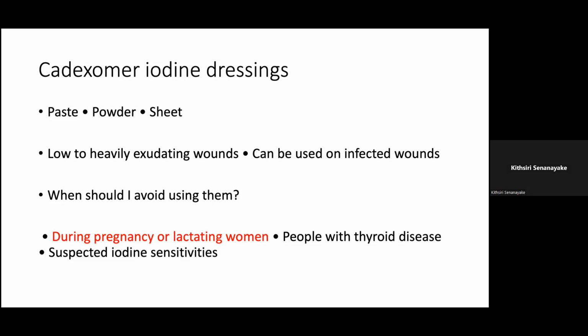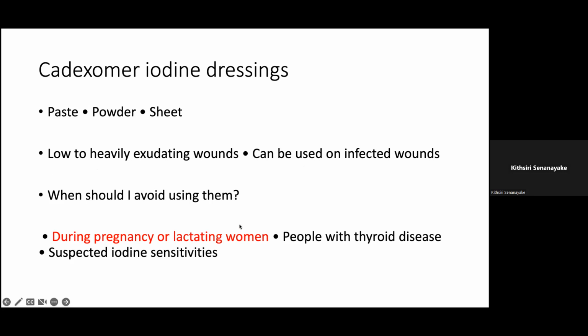Cadexomer iodine is an ionized form, and it has an exudate absorption property and also a de-sloughing effect. It is also a good antimicrobial product. Therefore, cadexomer iodine can be used for low to heavy exudating wounds, and also if there is an infection.